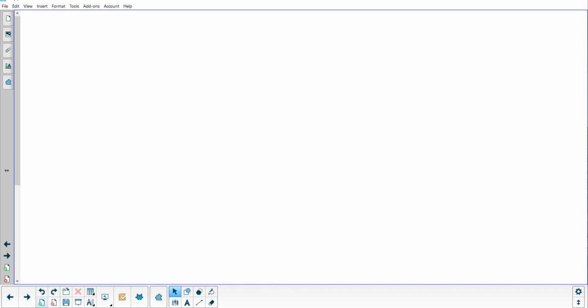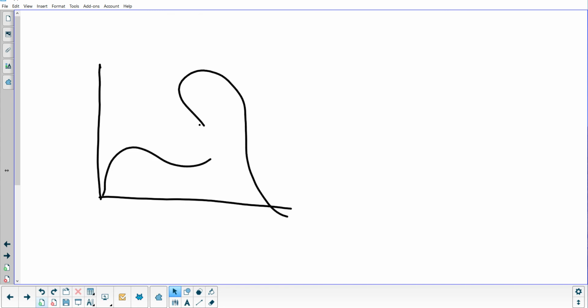Now, imagine you had a sketch, and it looks something like this. All right, doesn't matter. There's your sketch. And let's say we had a formula for this that was r equals some function of theta. I don't know what the formula is. Could be 3 plus 3 sine theta.